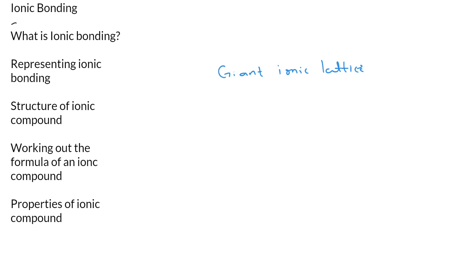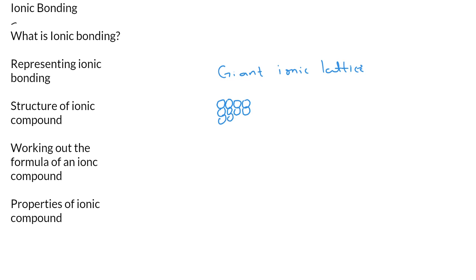Whenever you hear the word lattice, it is a closely packed, regular arrangement. When something is closely arranged in a regular pattern, we call this a lattice. Why is it a lattice?